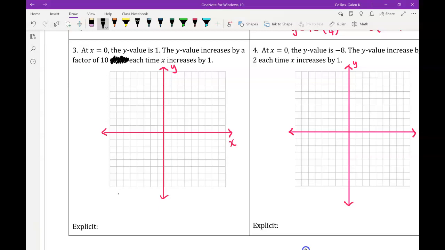So 0, 1, 2, 3, 4, 5, 6, 7, 8, 9. How about this? I'm going to label my y-axis by 2s. So I'm going to say this is 2, 4, 6, 8, 10, 12, 14, 16, 18.